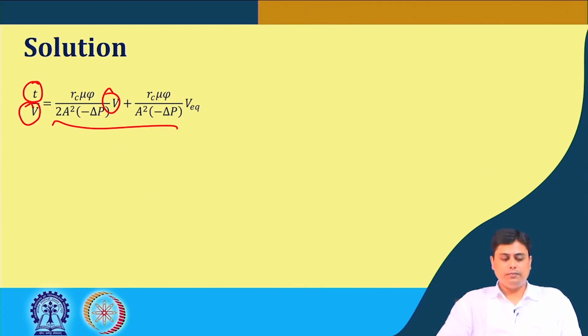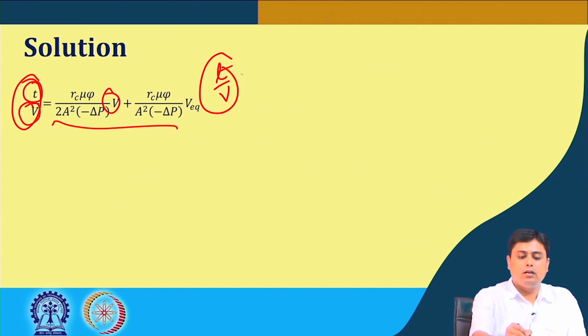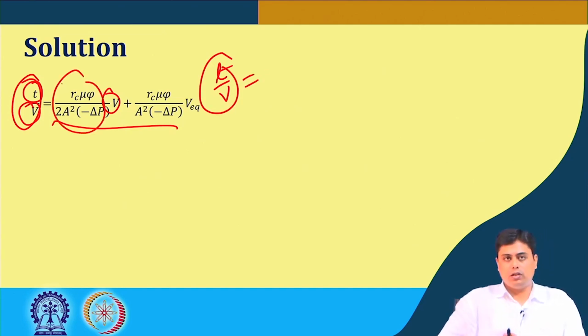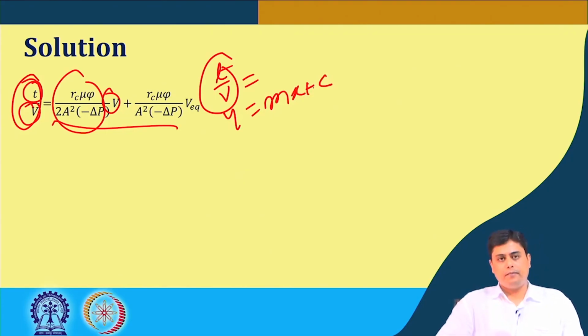Looking at this expression, you can easily see that t by V is a constant multiplied by V plus another constant term. That means it is in the form of y equals mx plus c, because the cake is incompressible.